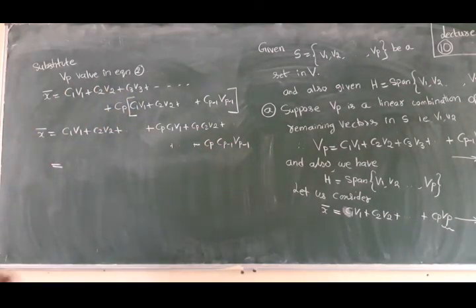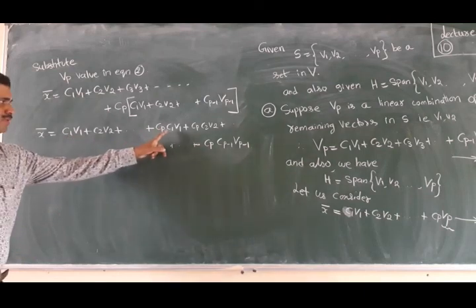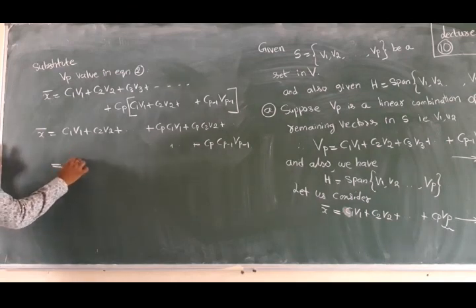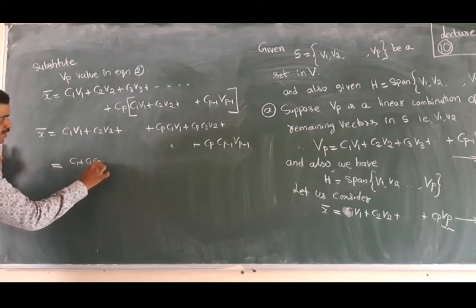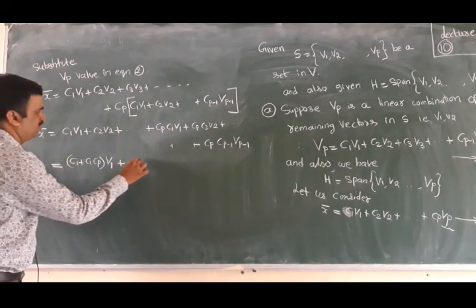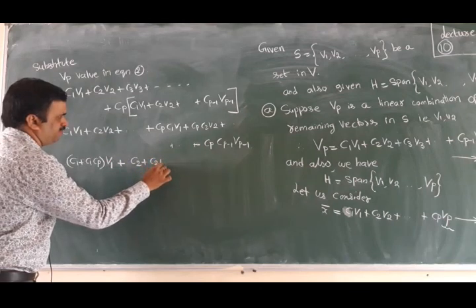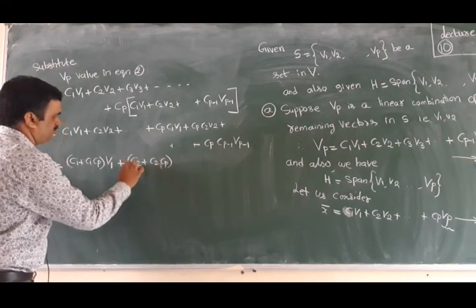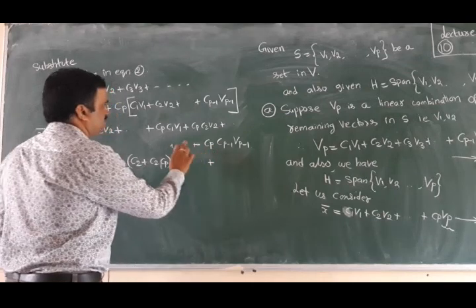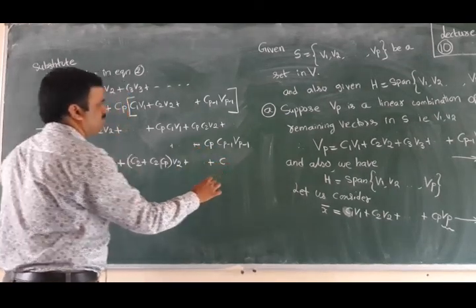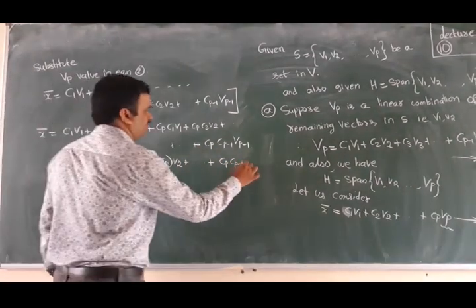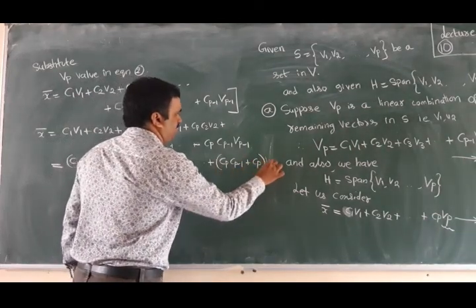Now I'll take V1 common: C1 plus C1 Cp times V1, plus taking V2 common, C2 plus C2 Cp times V2, plus so on, up to Cp minus 1 plus Cp Cp minus 1 times Vp minus 1.